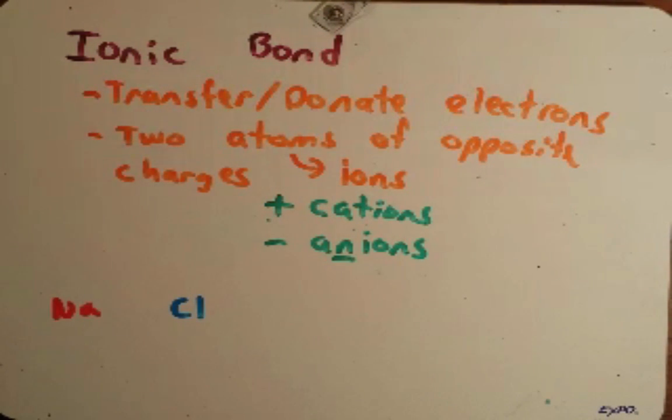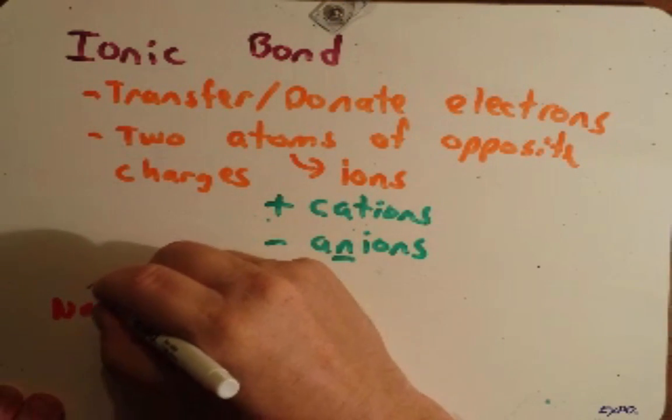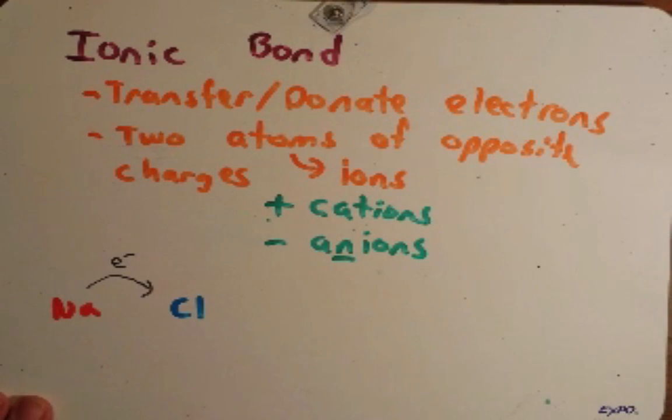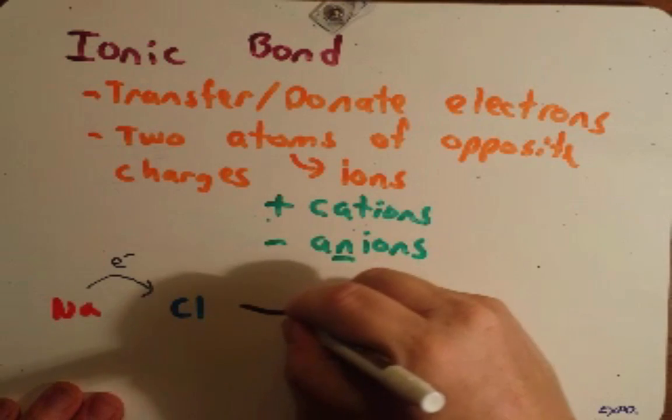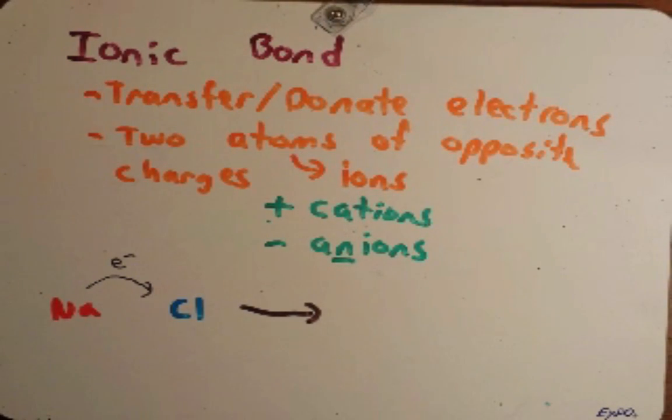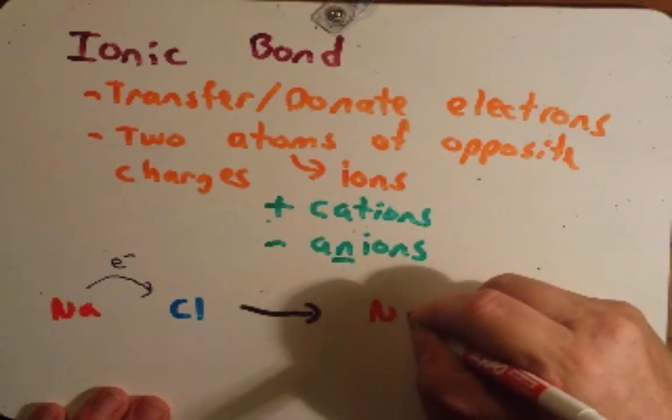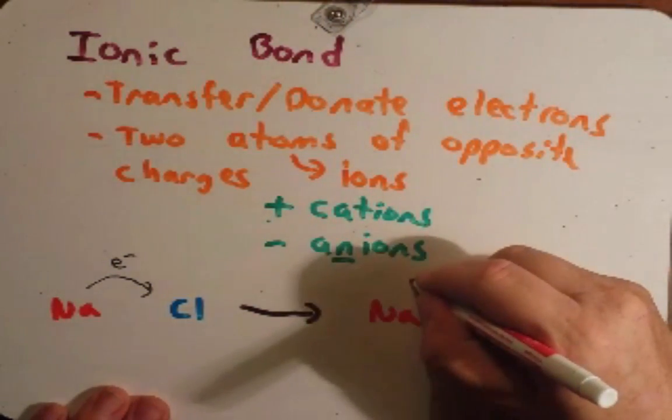The sodium atom is going to donate an electron from its outer shell to the chlorine's outer shell. And what that causes is this ionic bond to form, because what the sodium now becomes is positively charged.